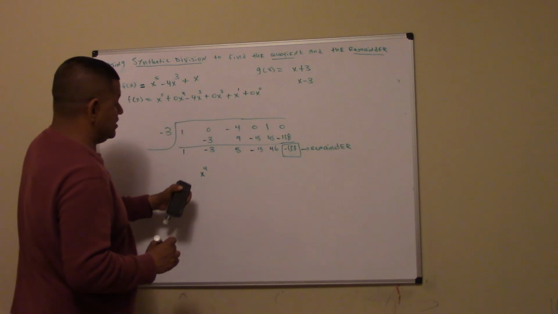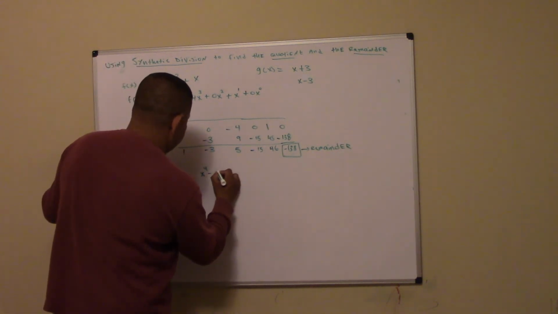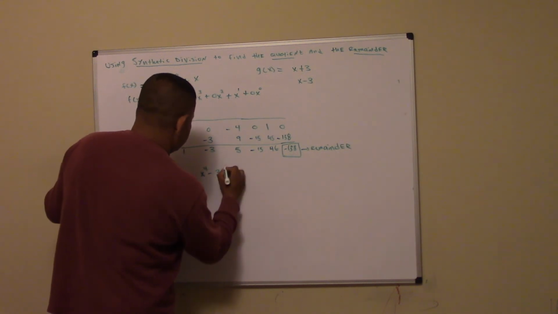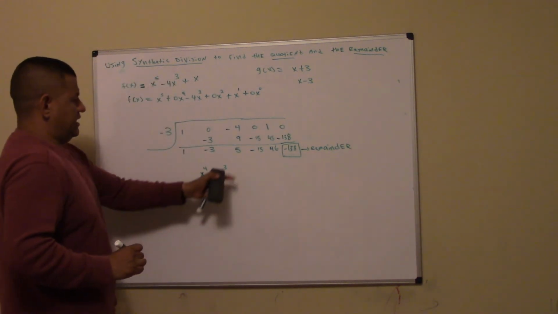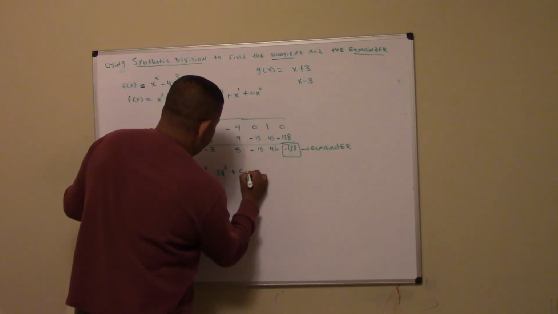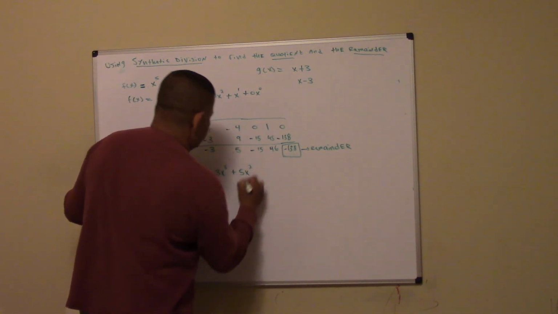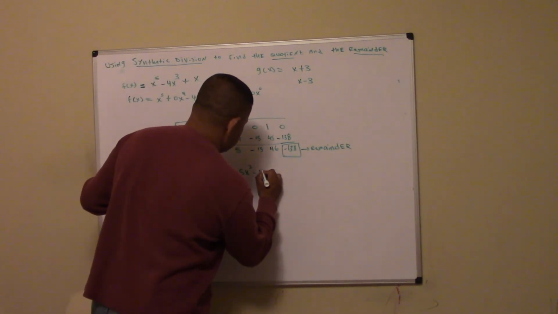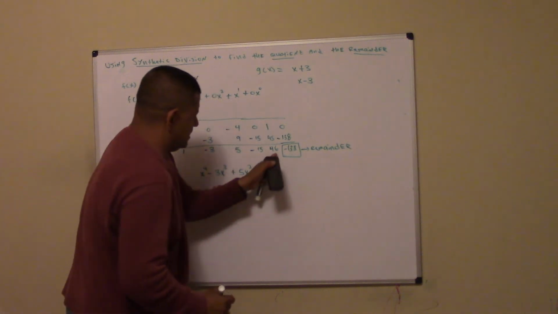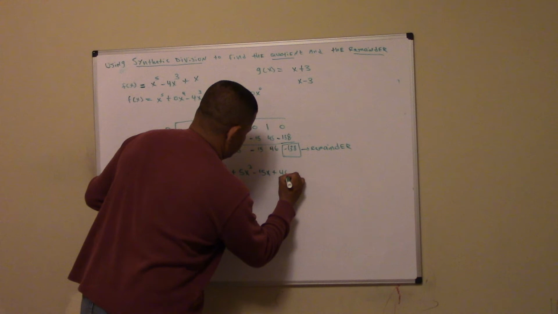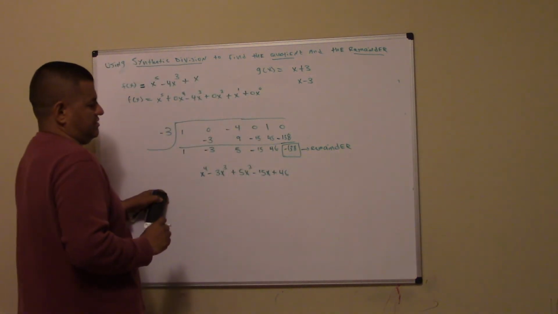And then it's going to be negative 3x to the 3rd, and then plus 5x squared, and then minus 15x, and then that 46 is just a constant, plus 46. Okay, so this is the quotient, right?